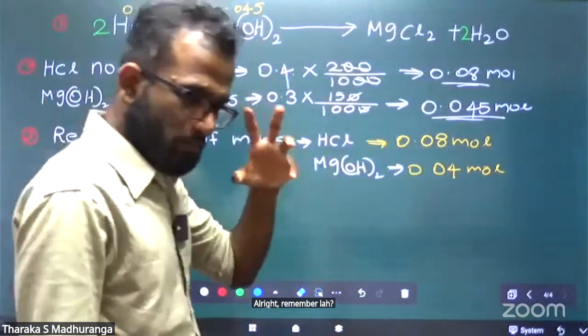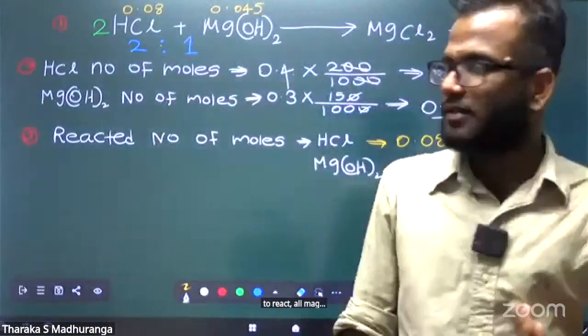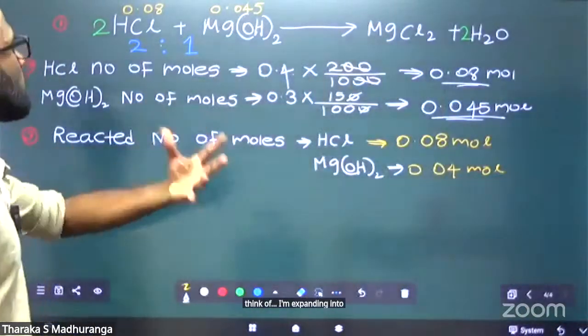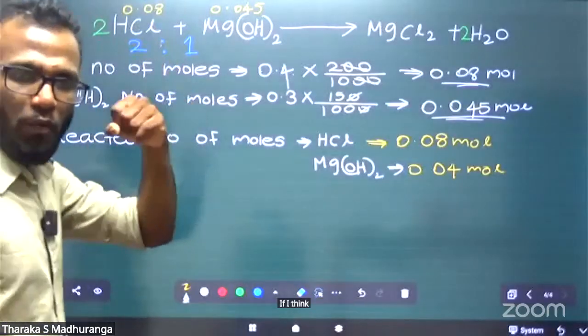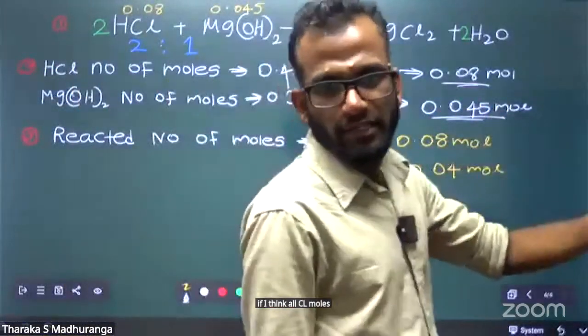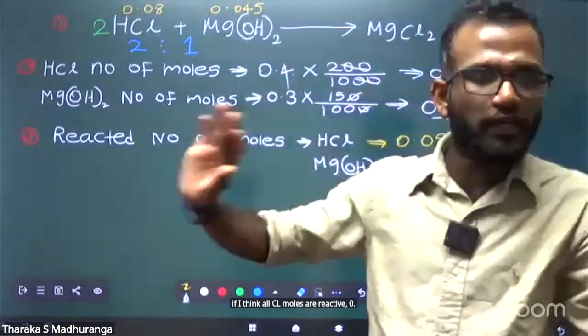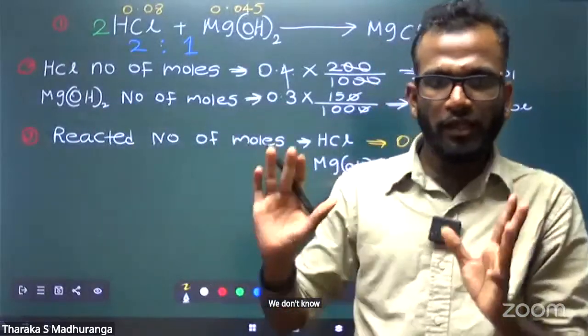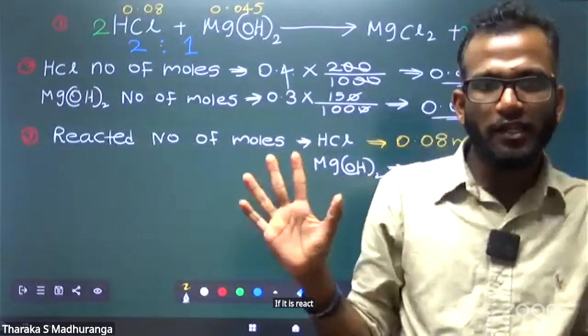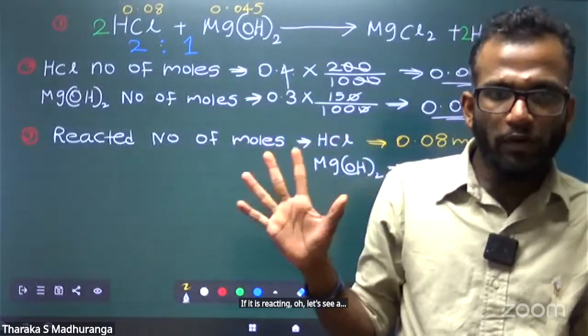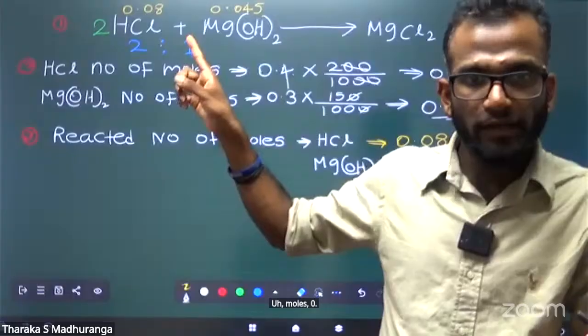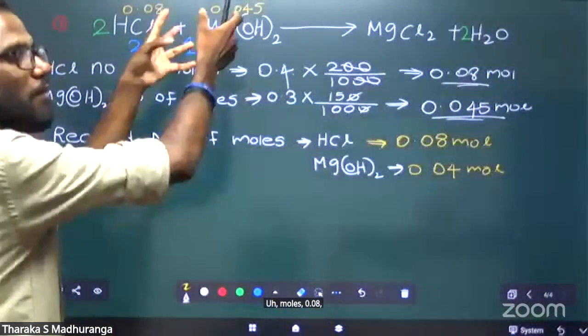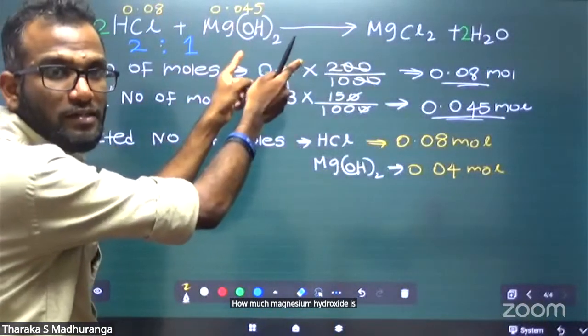To react, think I am explaining in the other direction. If I think all HCl moles are reacted, 0.08 fully reacting, how much magnesium hydroxide is required?